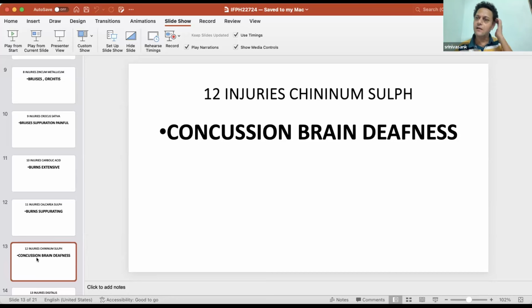Said, okay, right. So there was a history of injury to head and brain concussion in the past, and the reference is injury, concussion, brain, deafness. The remedy was chininum sulfuricum. On giving this, the deafness completely gone. The patient and the family was very, very happy. Okay.